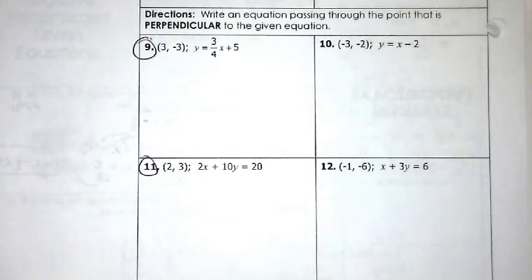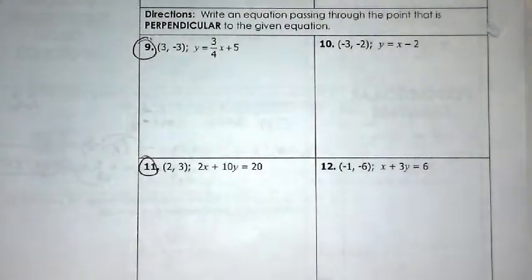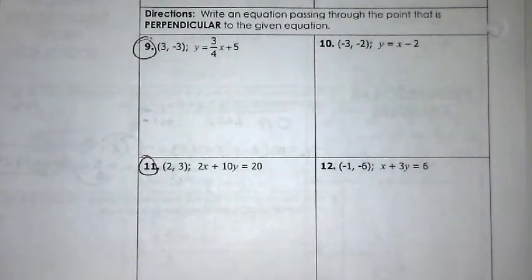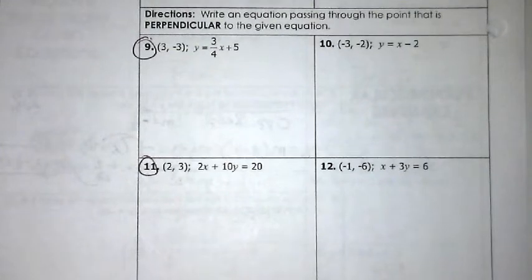What's the slope in this equation? 3/4, right? So we're doing perpendicular lines. That means opposite reciprocal. All that means is I go from a positive to a negative, and I flip my fraction.